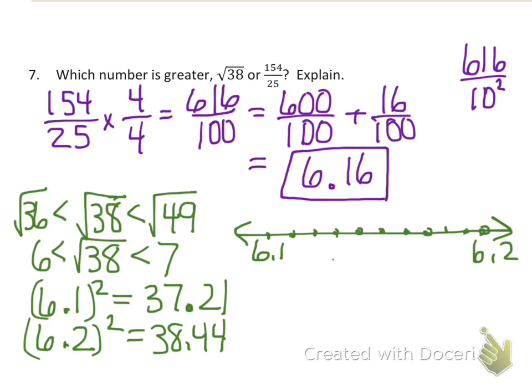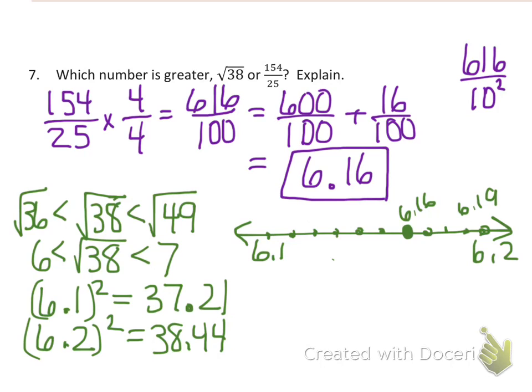Okay, so this one is 6.19. Here, where's 6.16? 1, 2, 3, 4, 5, 6. That one is 6.16. So I still need to know, and I'll make that dot a little bit bigger. I need to know if my number is bigger or smaller than that.